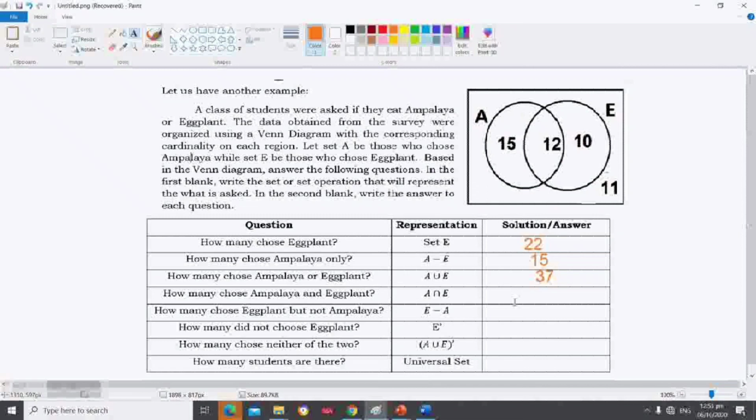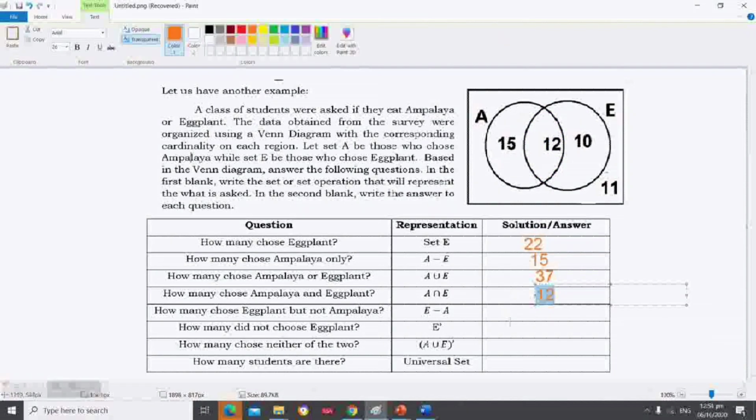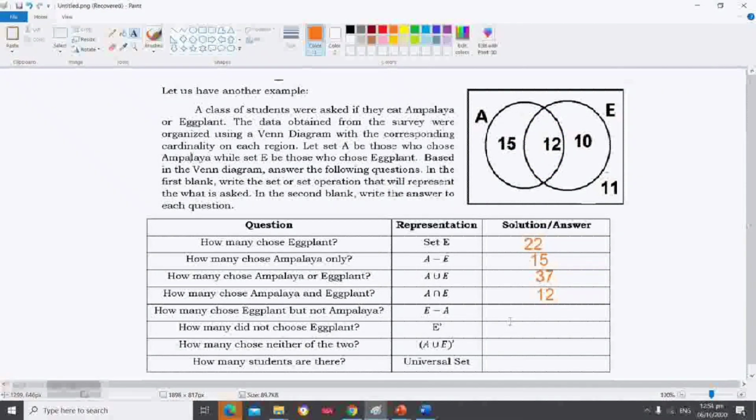Okay, next question. How many chose ampalaya and eggplant? So the representation using set operation is A intersection E. And we all know that A intersection E in a Venn diagram is this region. So the answer is simply 12.